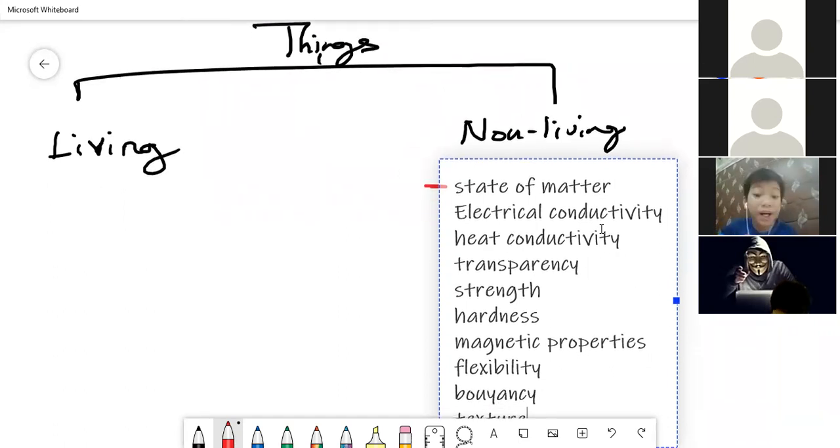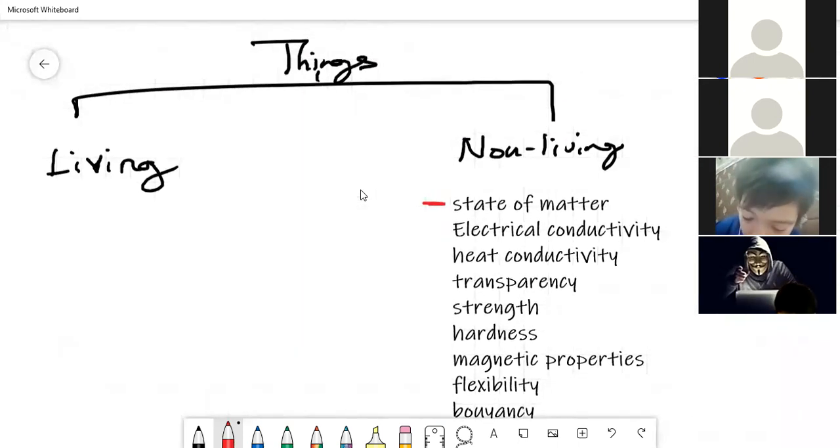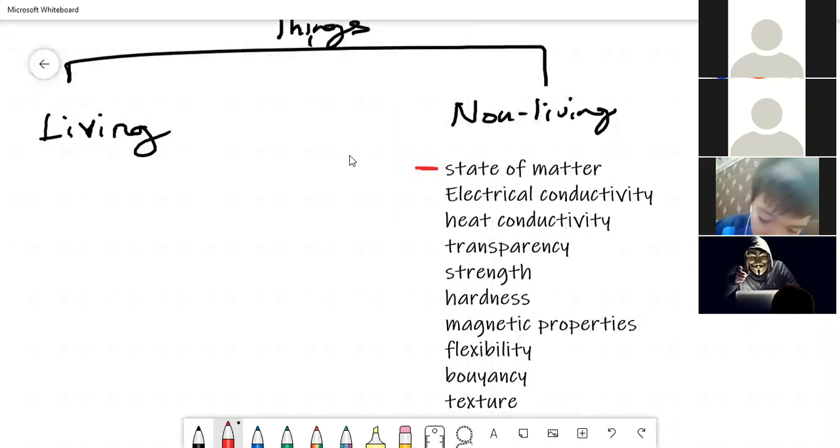So we can classify the non-living things by state of matter, electrical conductivity, heat conductivity, transparency, strength, hardness, magnetic properties, flexibility, buoyancy, and texture.